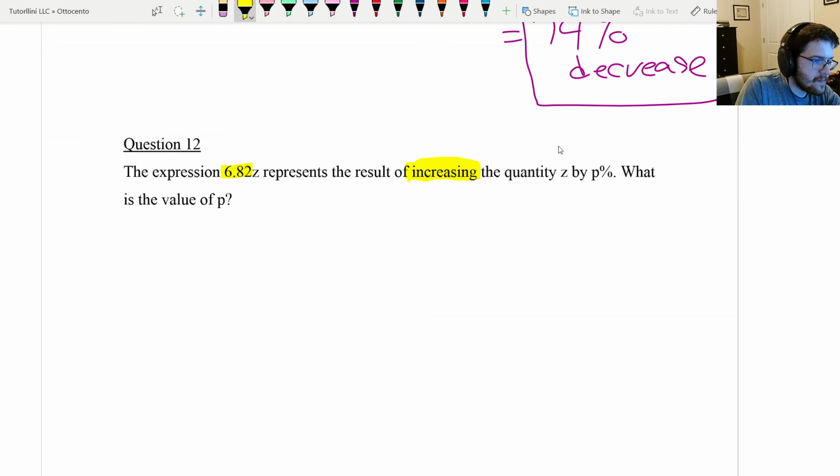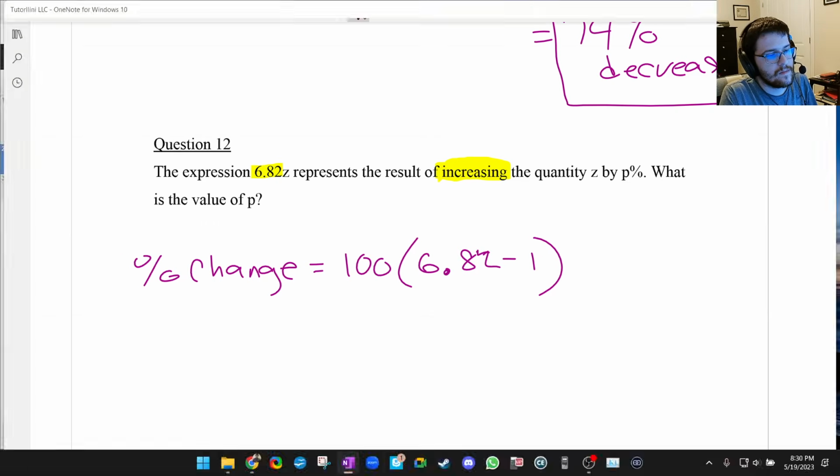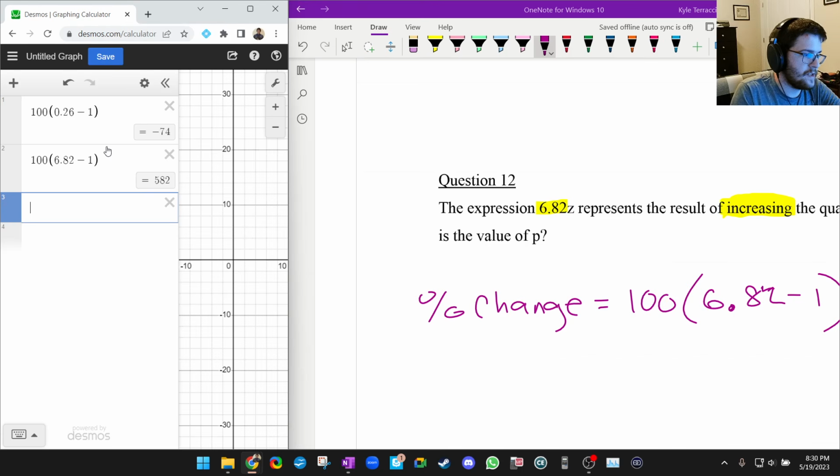And we have to find the value of p, so we're going to do percent change equals 100 times 6.82 minus 1. So 100 times 6.82 minus 1.